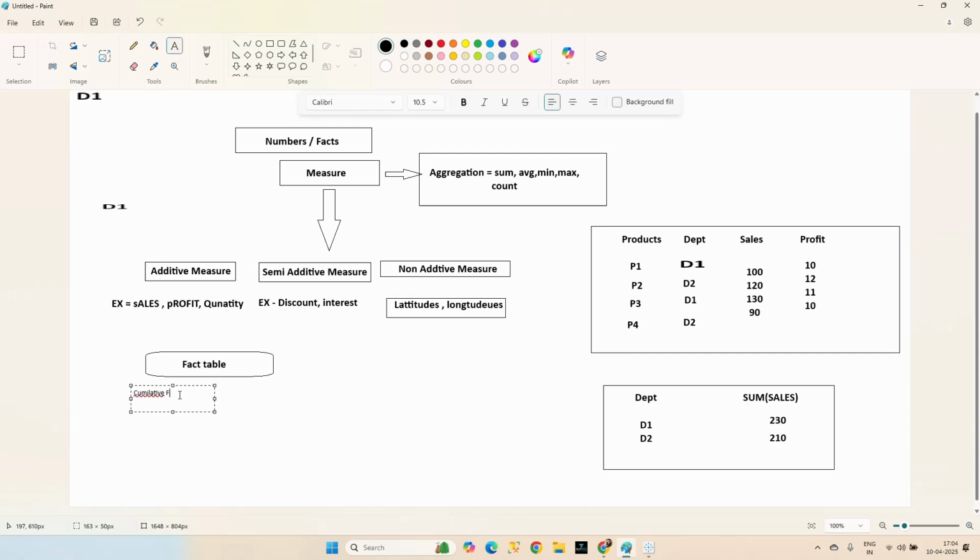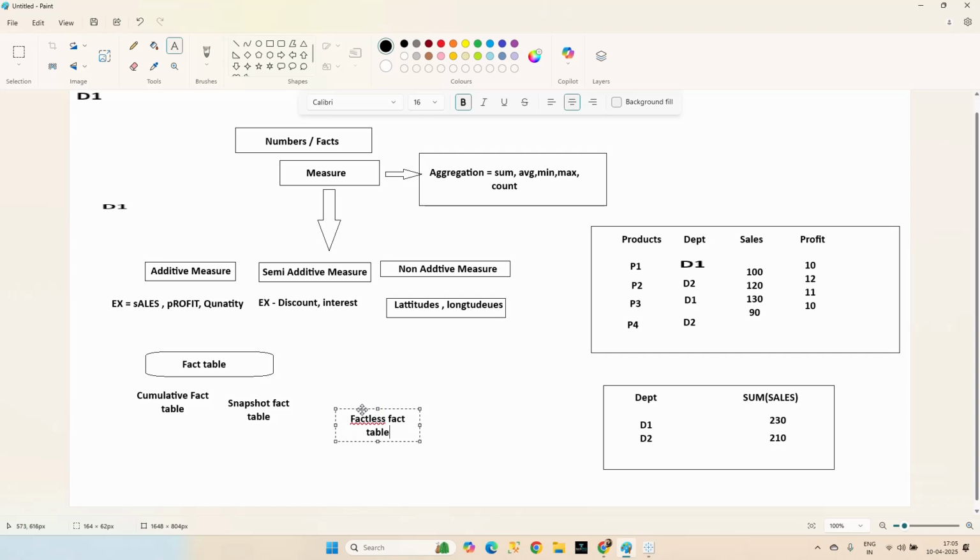Second one is snapshot fact table. Third one is factless fact table.